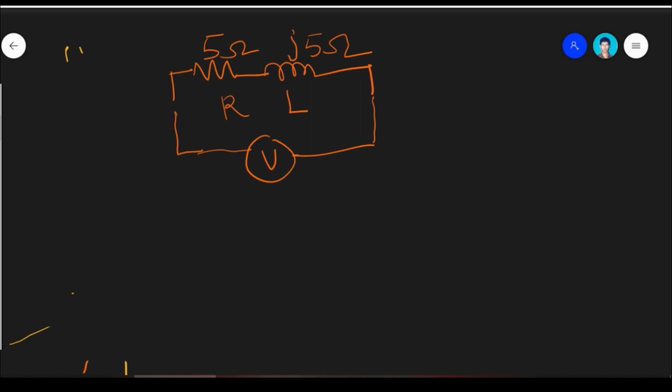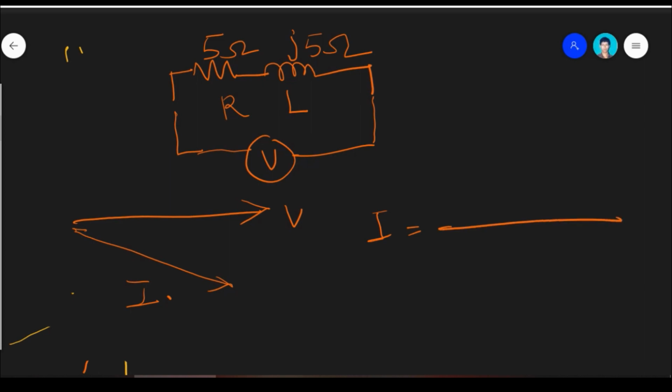If you try to draw its phasor diagram, you will get V, and you will have I, where the magnitude of I will be calculated using the formula V by root under 5 squared plus 5 squared, and your phase angle, what would be the value of this angle?